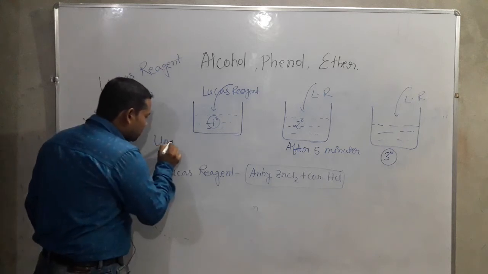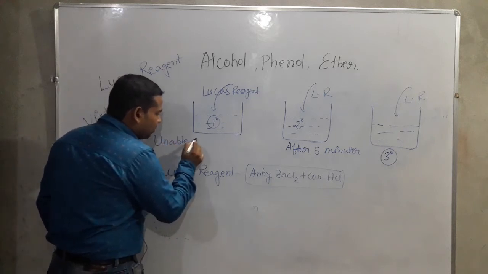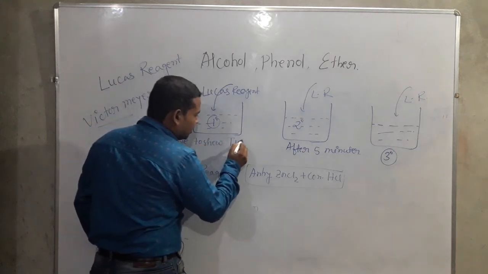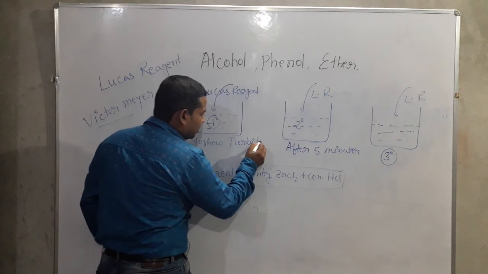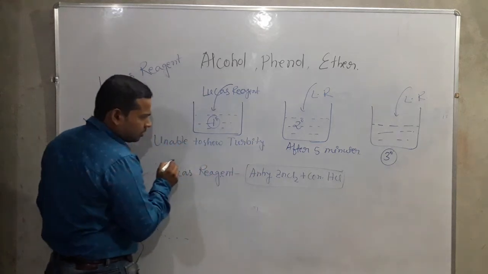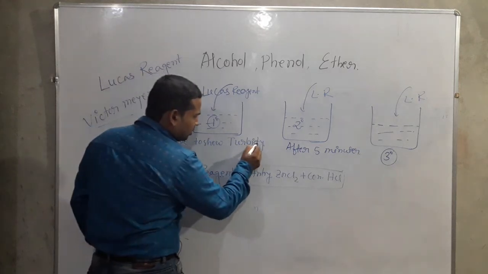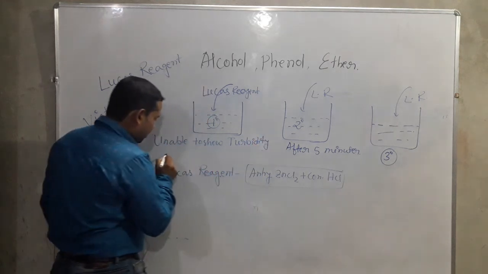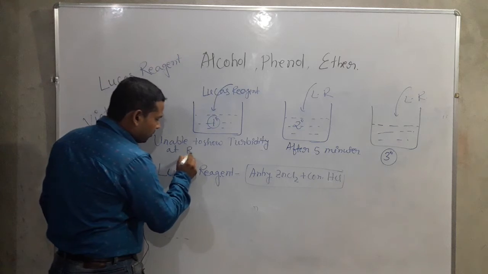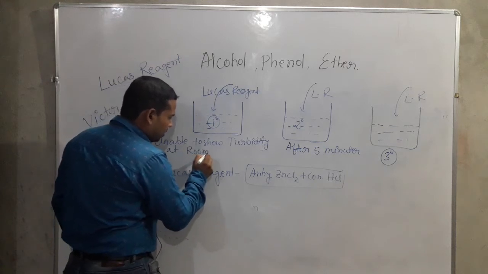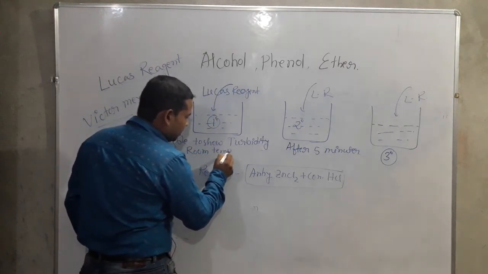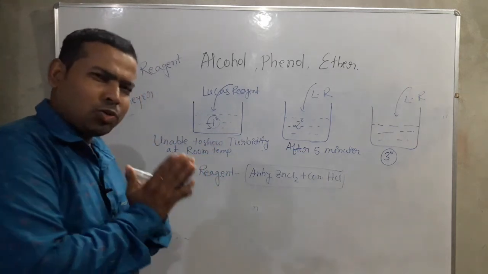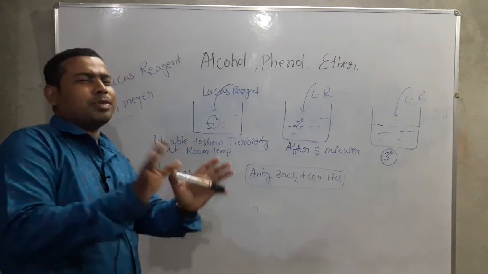Clear people? That means primary alcohol shows turbidity if you increase the temperature.